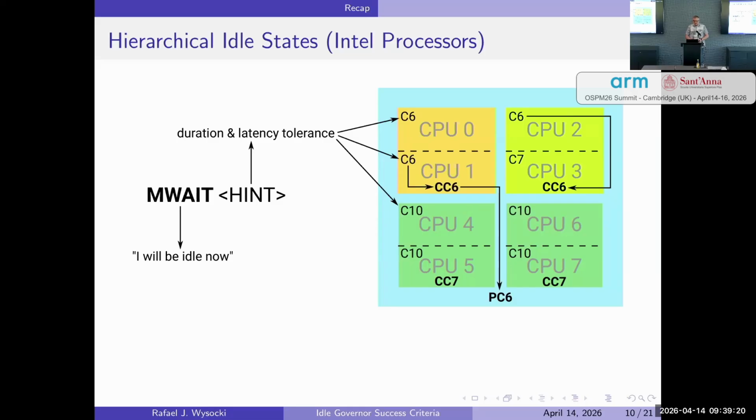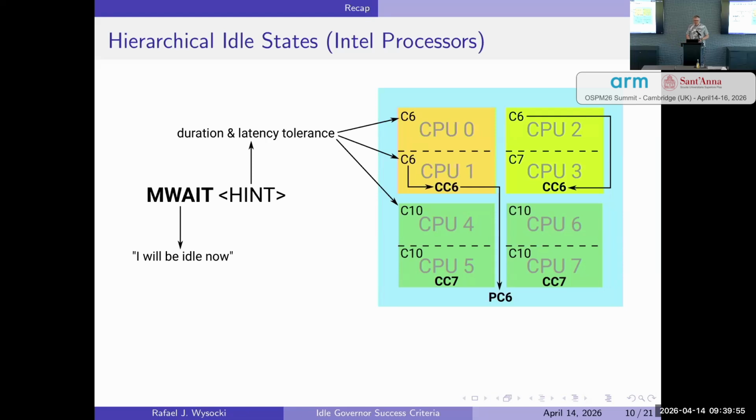On Intel CPUs, the way to enter an idle state is to execute the mwait instruction. The mwait instruction says, okay, now the CPU is going to be idle and it doesn't need to execute instructions anymore until it is woken up. And it has one parameter, which is a hint, and the hint represents the predicted duration and latency tolerance for the idle state to use.